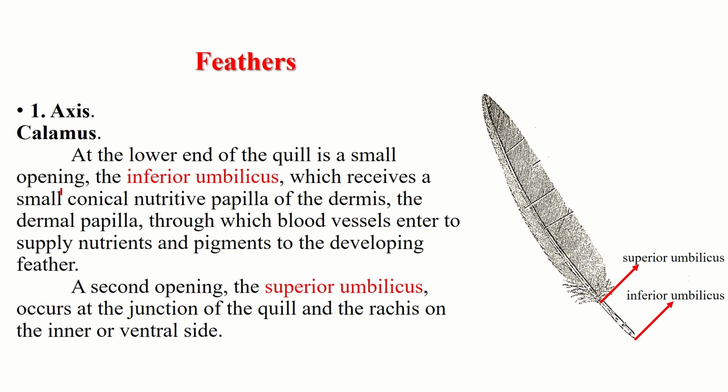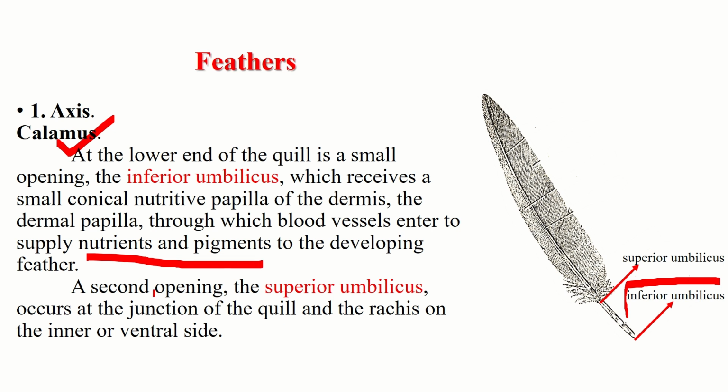At the lower end of the quill is a small opening, the inferior umbilicus, which receives a small conical nutritive papilla of the dermis. The dermal papilla, through which blood vessels enter to supply nutrients and pigments to the developing feather.